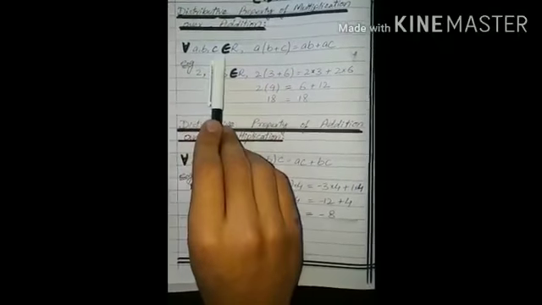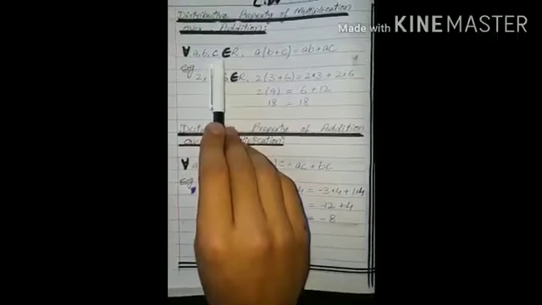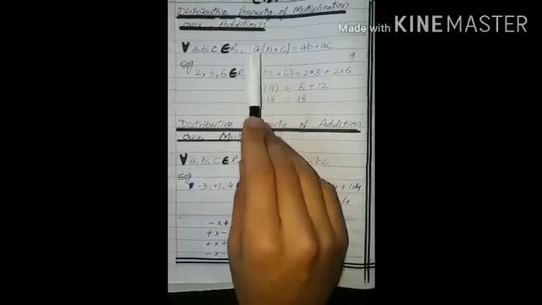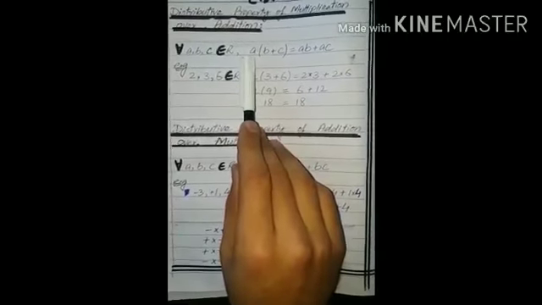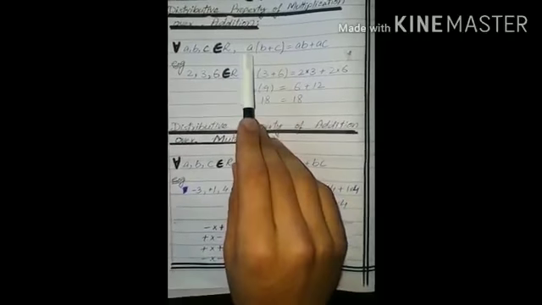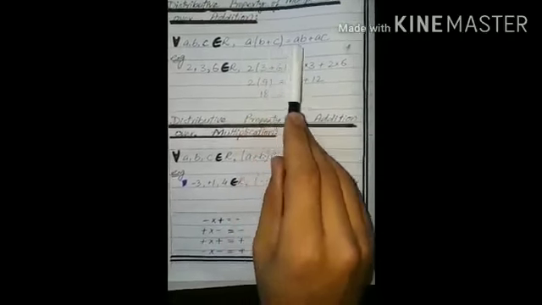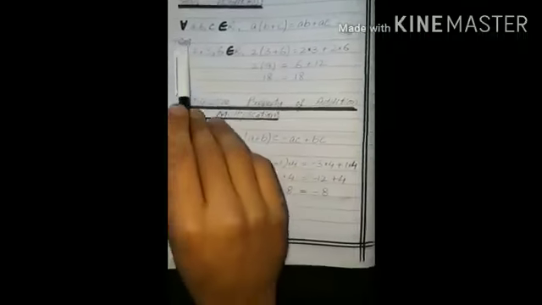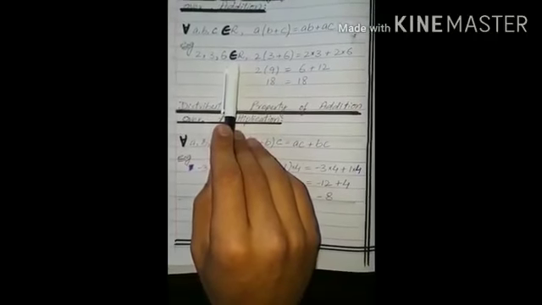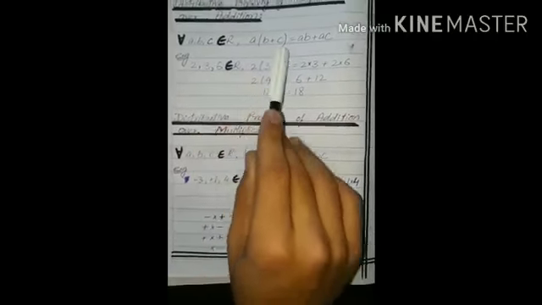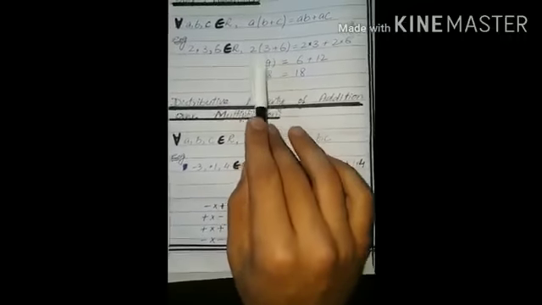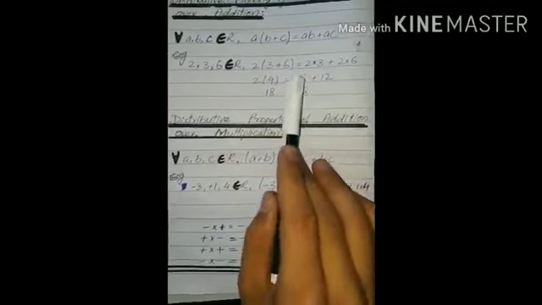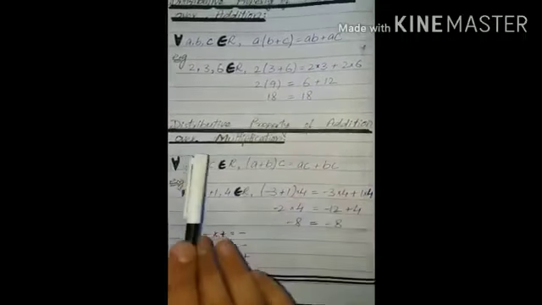For all a, b, c belongs to real numbers, a, b, c are three real numbers, and if we write a into b plus c, now we have to multiply this a inside the parenthesis, so we have to multiply a with b and c, and we will get ab plus ac. For example, 2, 3, 6 are three real numbers, and if we write these three numbers in the form of this above equation, we'll get something like this: 2 into 3 plus 6 equals 2 times 3 plus 2 times 6. And if we solve both sides of the equation, we'll get the same answer from both sides of the equation.